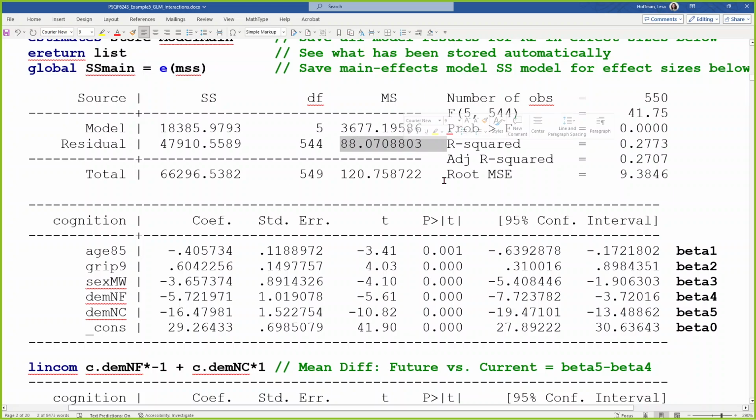Yeah, so if I had to put words on that people would understand, can you tell me what that means conceptually? What does 88 mean? It is residual variance. It is mean square residual. It is mean square error. But what's it mean?